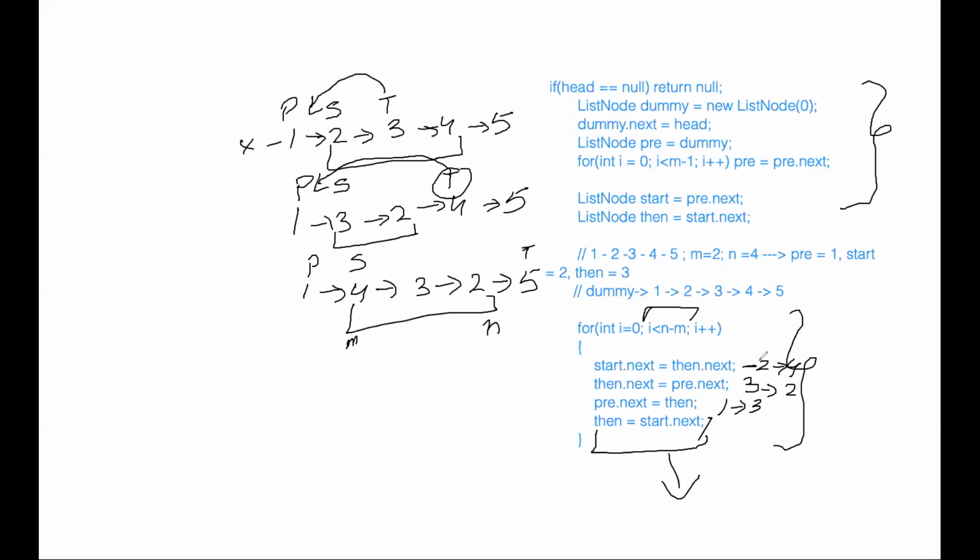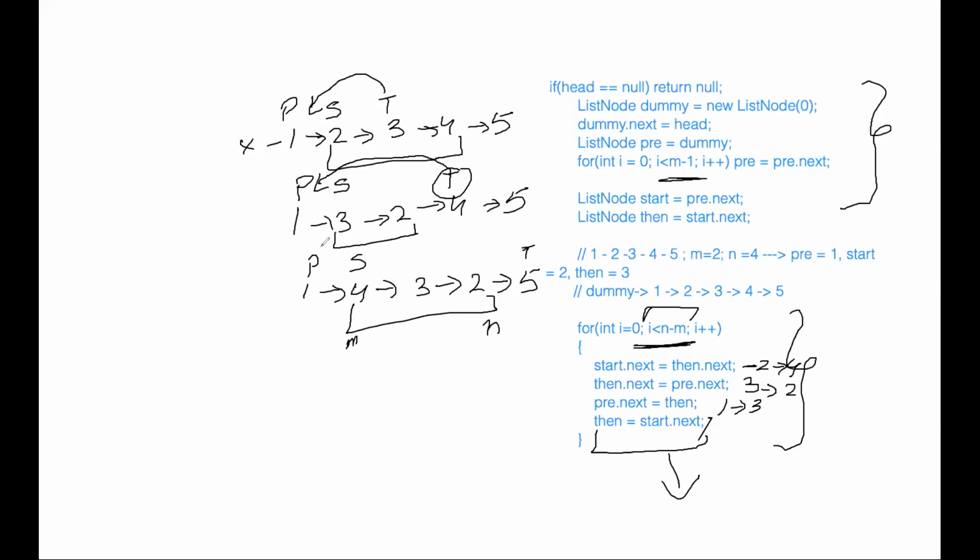I felt like the part on reversing makes sense, but the thing I don't understand is the dummy node, making sure that, oh yeah, you have the range here, so you don't have to worry about the end. The first is we are identifying a pre node by having m minus 1, and then we have a range n minus 1.